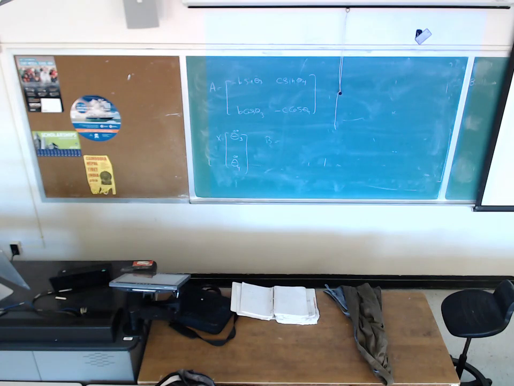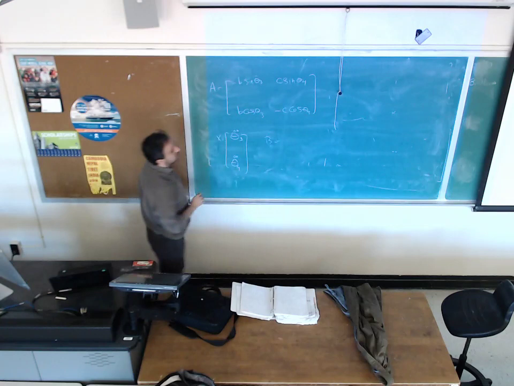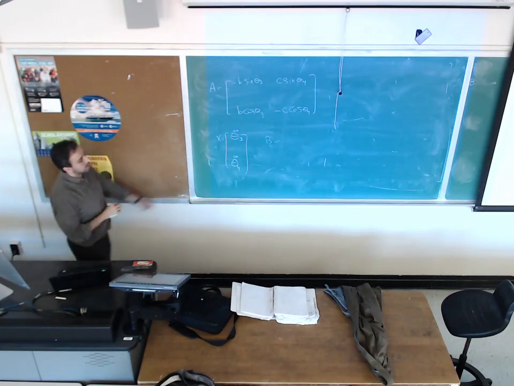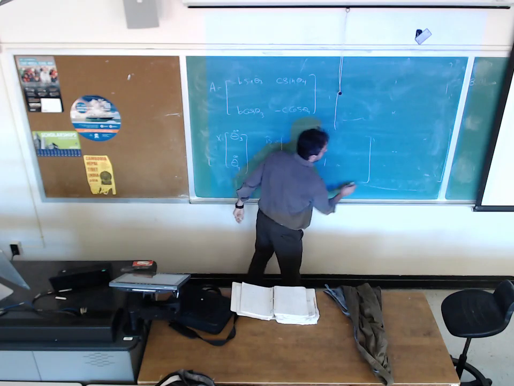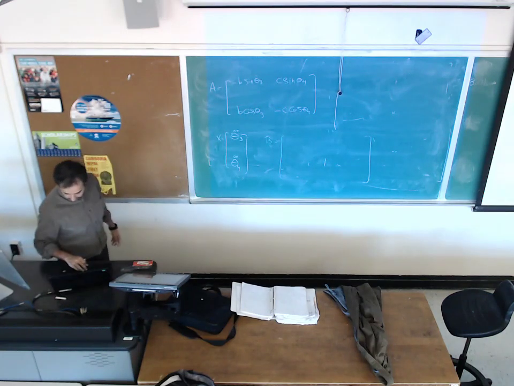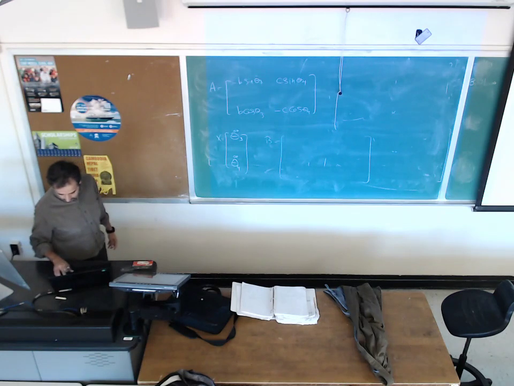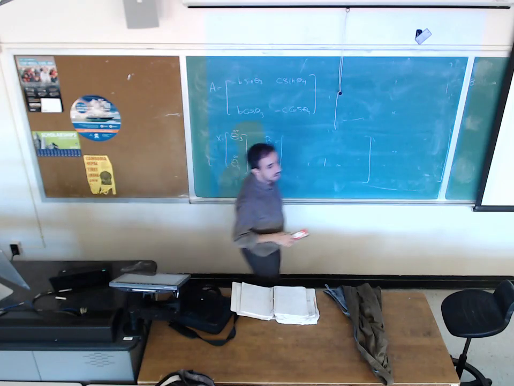Same as the slider crank. Once we got matrix A, you don't need to calculate it for acceleration. The only thing that you need to calculate again is matrix B, which is the right-hand side matrix. Good?